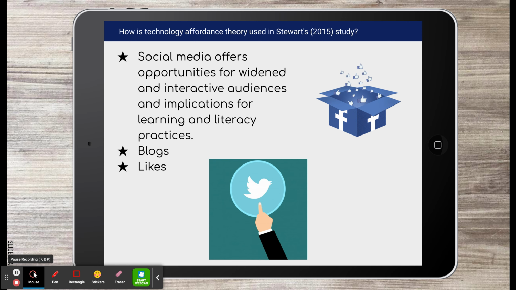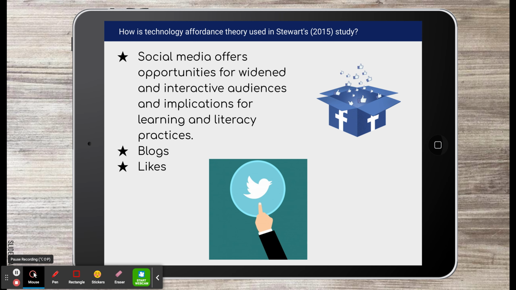What I do like that is perceived, and it's talked about in Stewart's study, is likes. Many students and teachers understand the concept of a like. It's very simple. The word like is there and you click it, and therefore you liked it. So it's a perceived affordance using technology. Blogs are another thing that's discussed in Stewart's study.